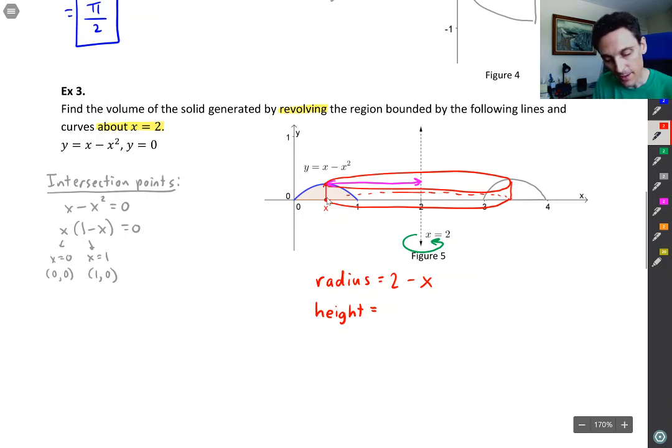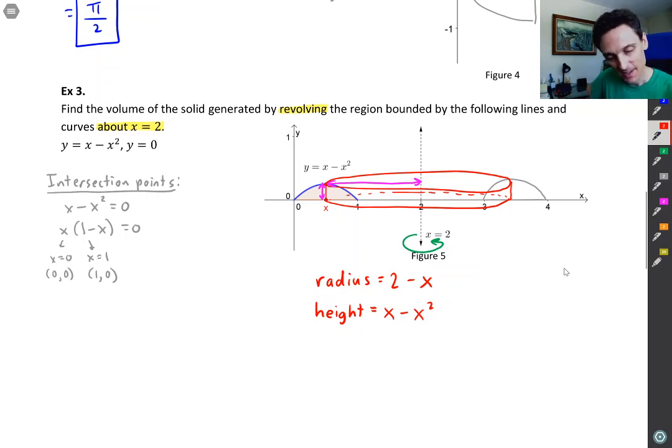Okay, now for the height of this cylindrical shell, that will be this vertical distance, which is going to be the y value on top, given by the formula x minus x squared, and then minus the y value on the bottom, which is y equals 0. So you have x minus x squared, and then minus 0 if you want, but you don't have to write that.